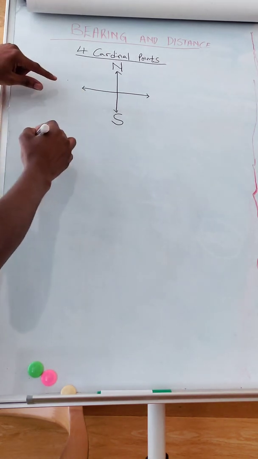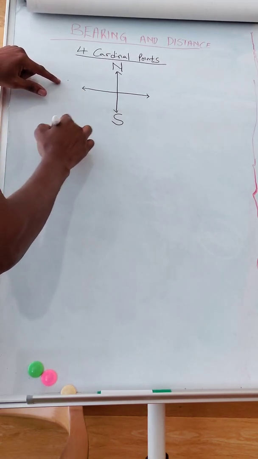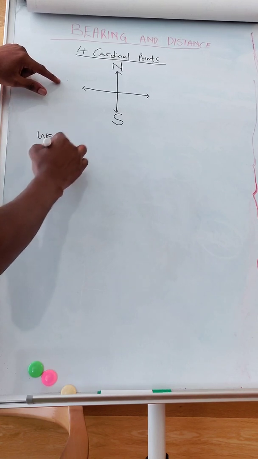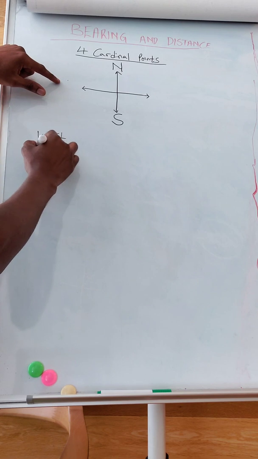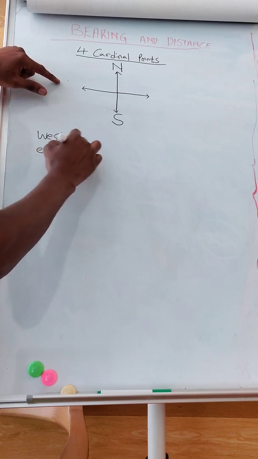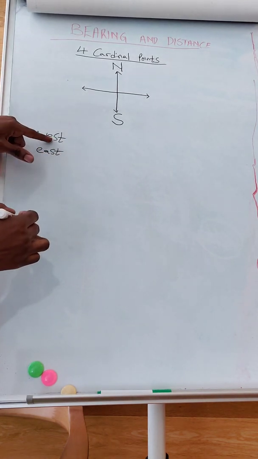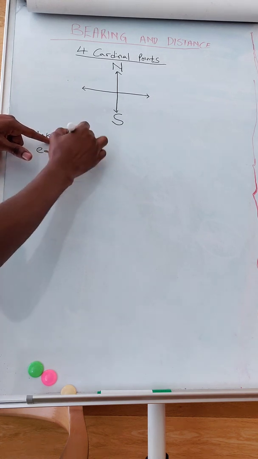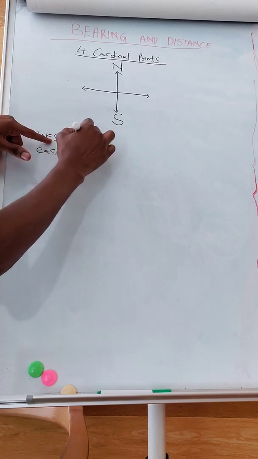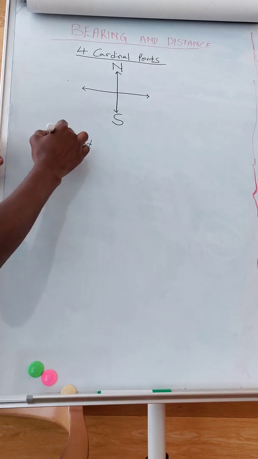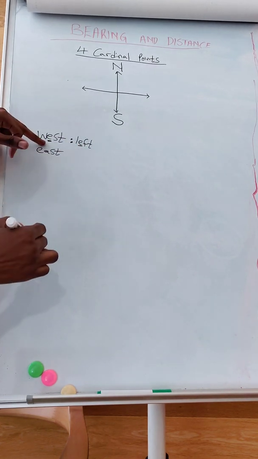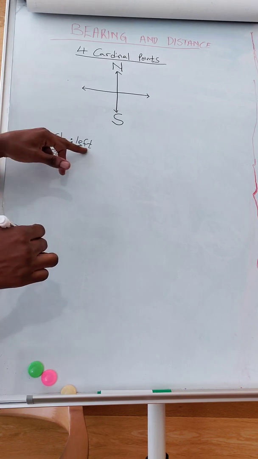Now look at the word west, and look at the other word. This one is east. The air sound in west looks familiar with left, where, left.